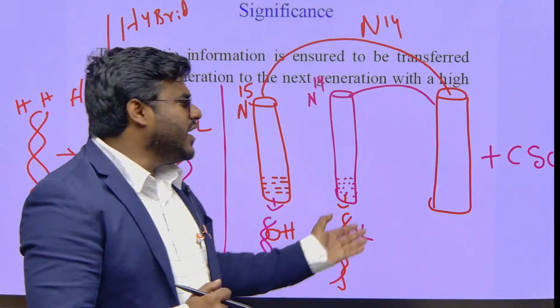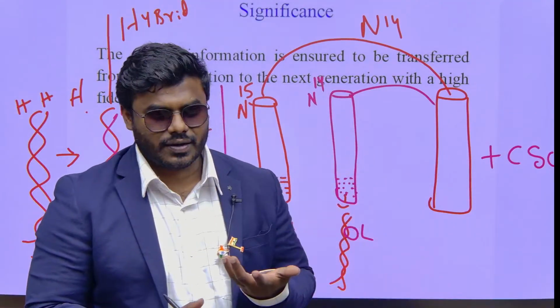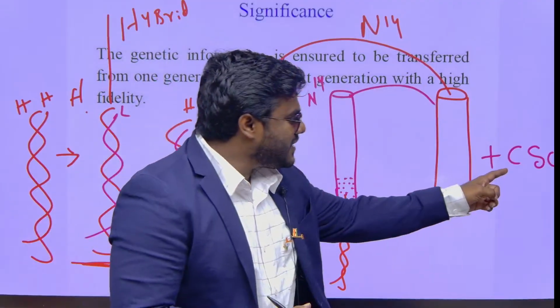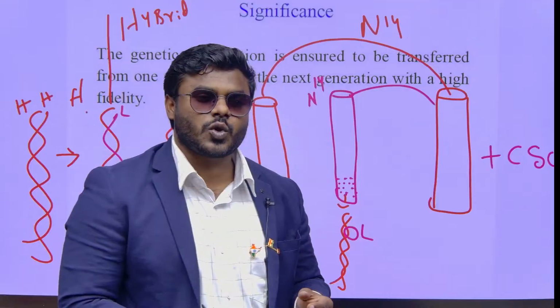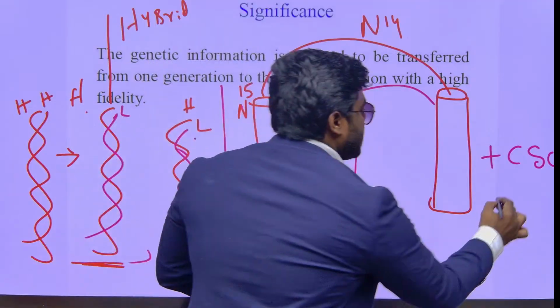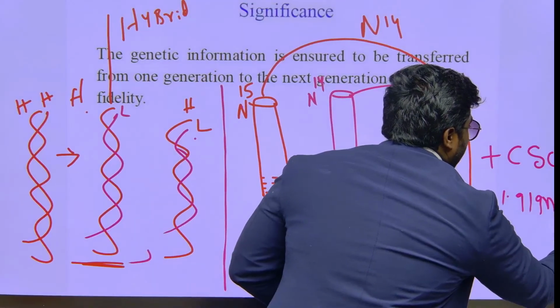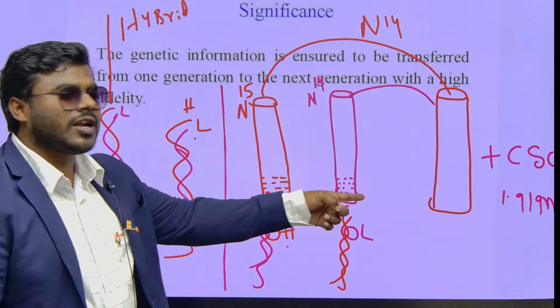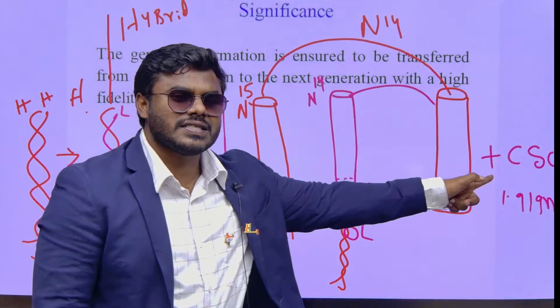Why did we add only cesium chloride, not any other salt? The reason is that the density of the DNA and the density of cesium chloride are almost similar, which is 1.91 gram per centimeter cube. That's why we have taken it. Now tell me, in this test tube what is present? N15, N14 and cesium chloride.